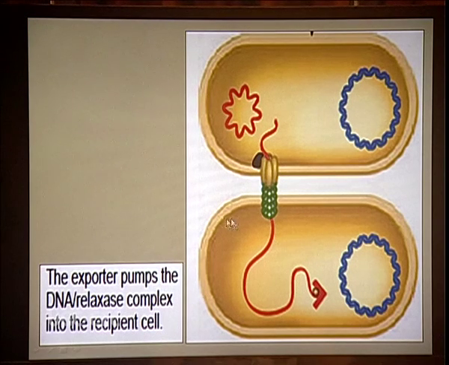Once the single-stranded plasmid DNA enters the recipient bacteria, it circularizes with the help of the relaxase protein, and on the other hand the single-stranded plasmid remaining inside the donor cell also replicates.